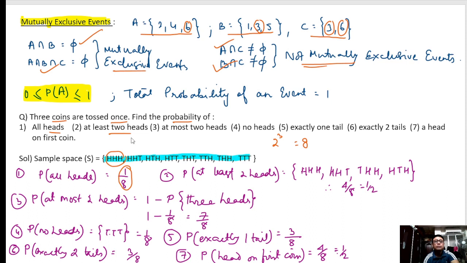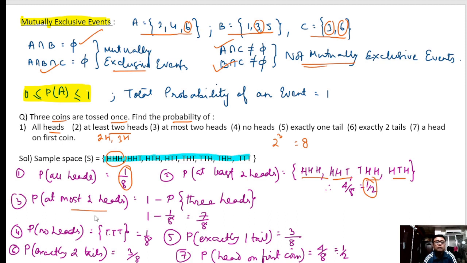At least 2 heads. That means you can have 2 heads and 3 heads. That means you cannot take no head. You cannot take 1 head. So these are the options. At least 2 heads, so it is 4 out of 8, which means 1 by 2.